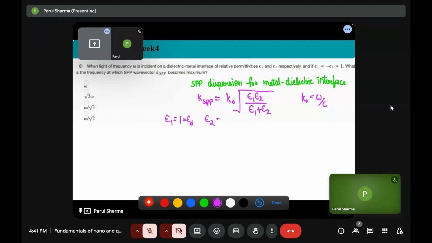Epsilon 2 is epsilon of the metal as a function of frequency.